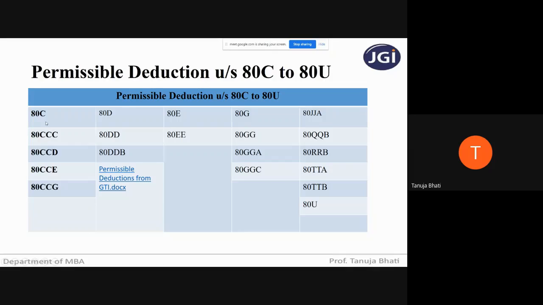Even under 80C, the permissible maximum amount of investment that can be made is only up to 1,50,000. 80CCG, we have seen that when any person is contributing to Rajiv Gandhi Equity Savings Scheme 2013, he will get a deduction under section 80CCG. Okay, let us today see the sections like 80D, 80DD, 80DDB, and 80EEE.